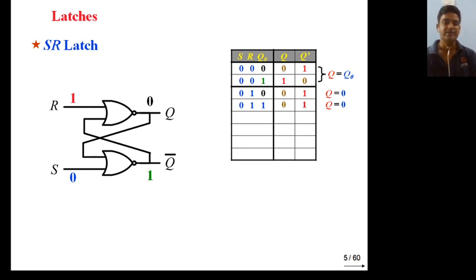So if this is 1, it is 0, so from here determine this. If any one input is high, it will be low, so it is 0. Now from 0 0 you can determine the value of output of this case 0 0 1. So directly you can write down 0 1 in both cases.